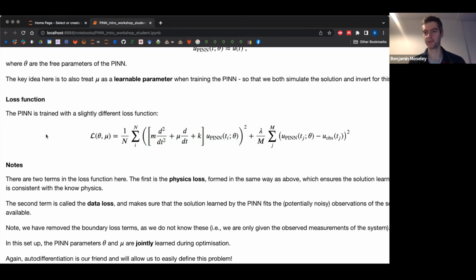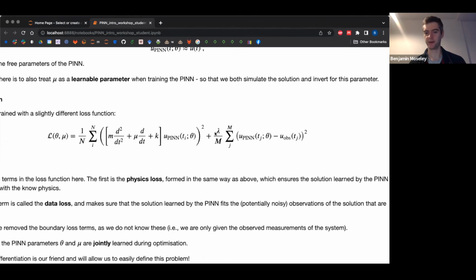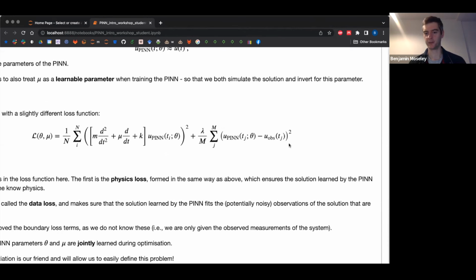So we just completely remove that from the loss function. And instead what I've replaced it with is a term which I call the data loss. This is saying I just want my PINN to match the observed values of the solution wherever I have them, at these j time points. So yeah, this is the data loss, and then we have the standard physics loss as well.